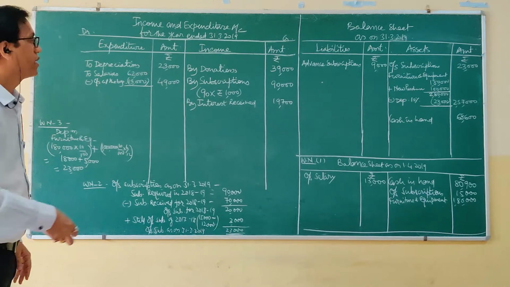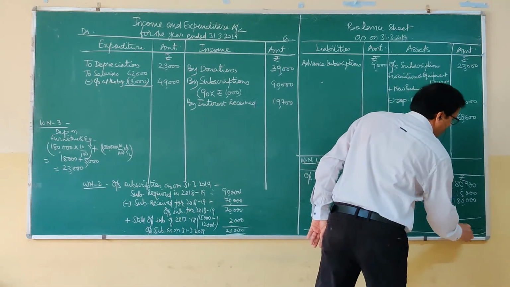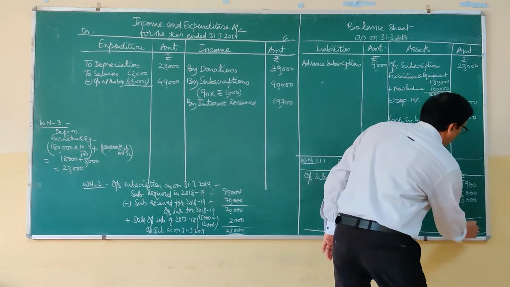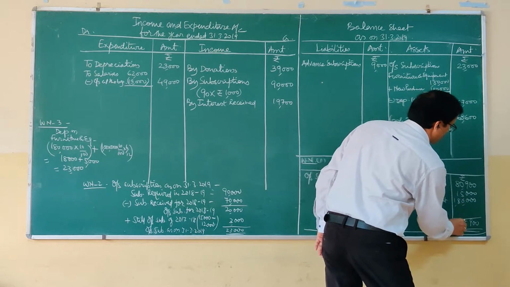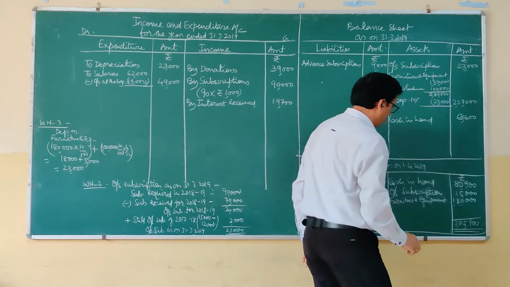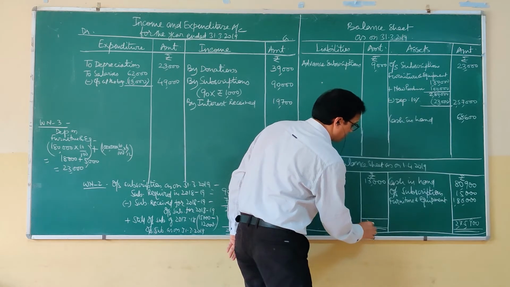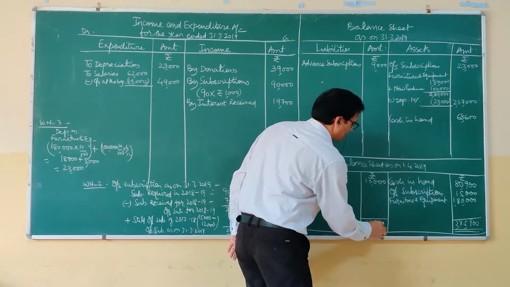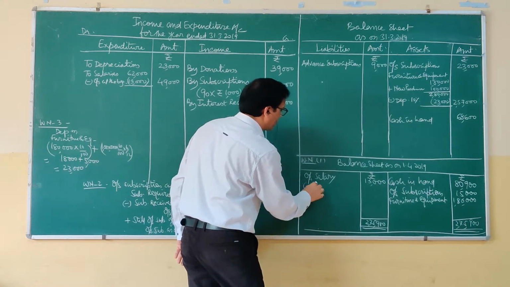So we will calculate now the first opening capital fund. Take the total 275,900, minus 13,000, so it will be capital fund.